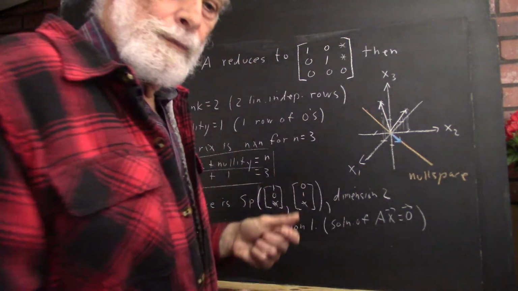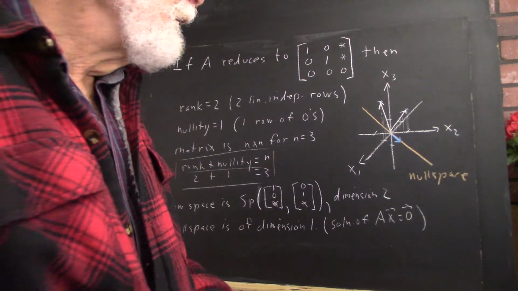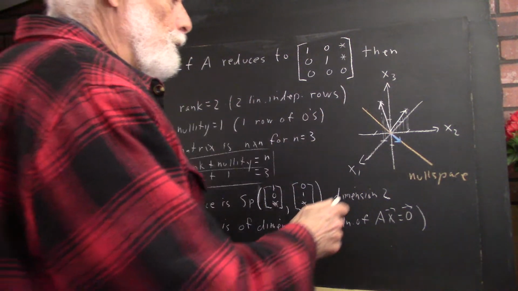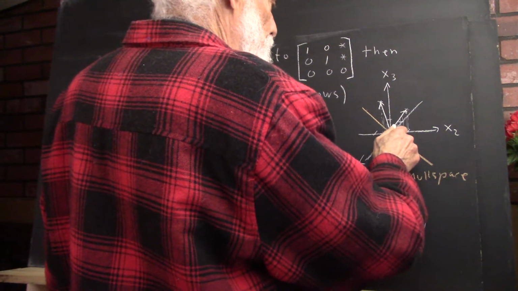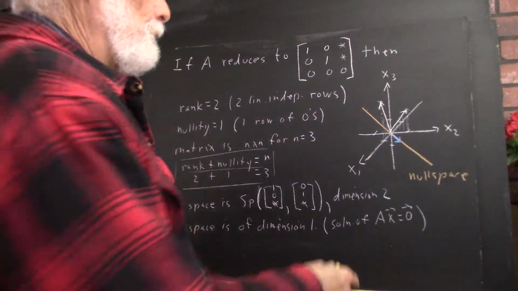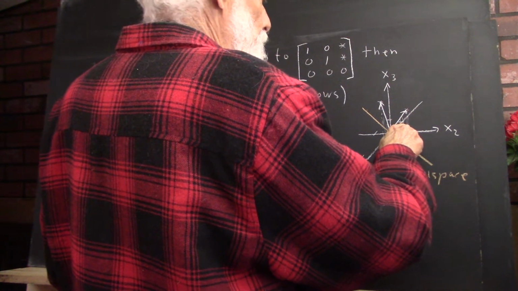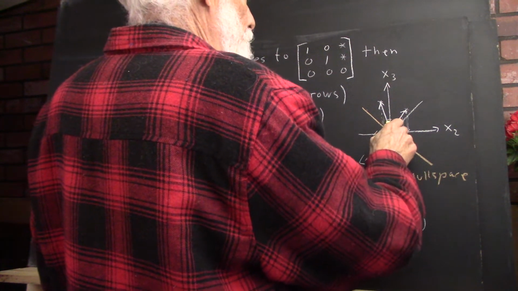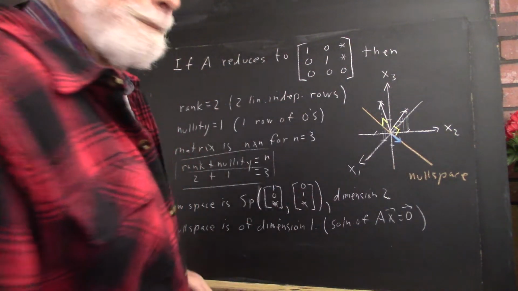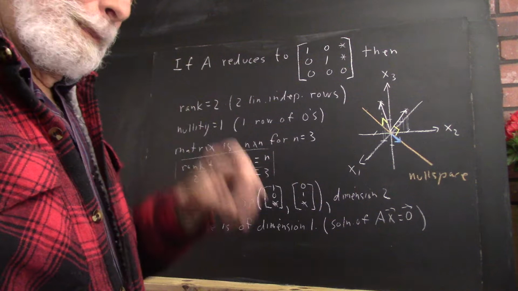And this null space vector is orthogonal or perpendicular to these two vectors, so that the angle between this vector and the null space line in this case is a right angle, and the angle here is a right angle. And that's the picture you would have in 3 dimensions.